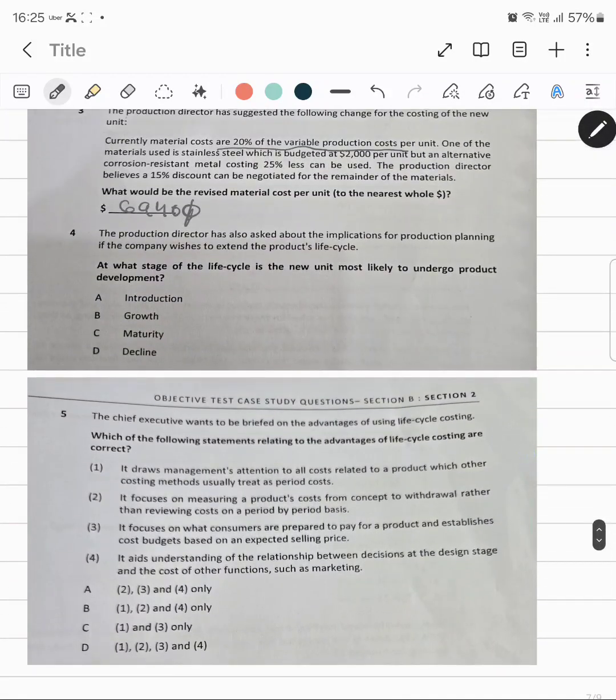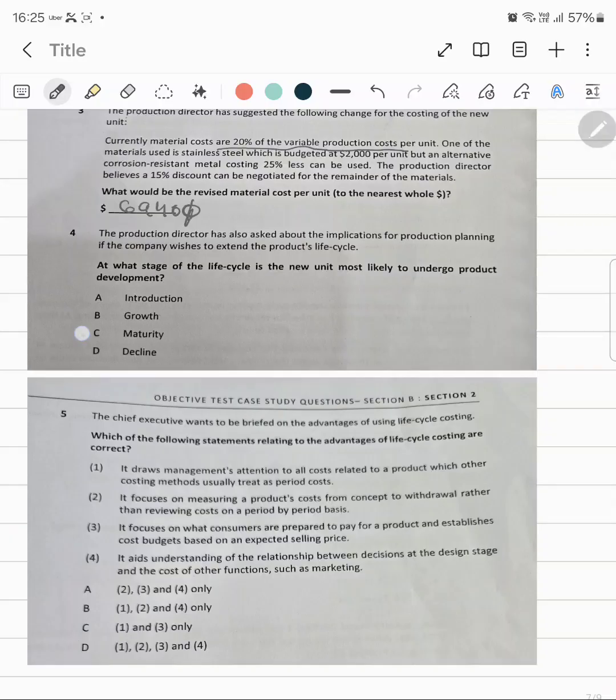And now another thing is, the production director has also asked about the implication for production planning if the company wishes to extend the product's life cycle. So at what stage of the life cycle is a new unit most likely to undergo product development?